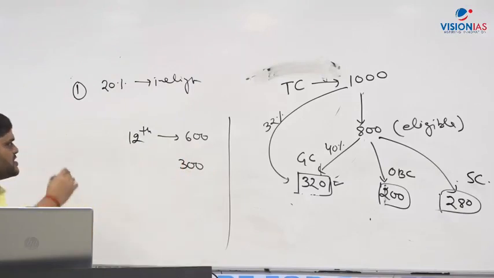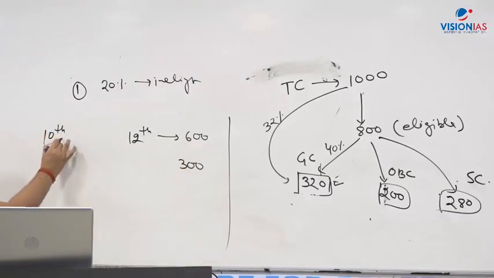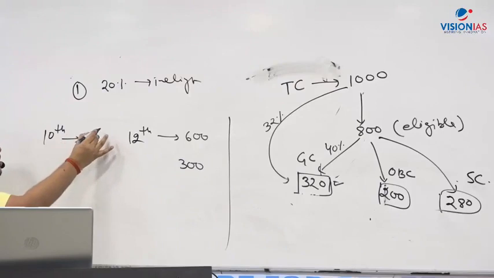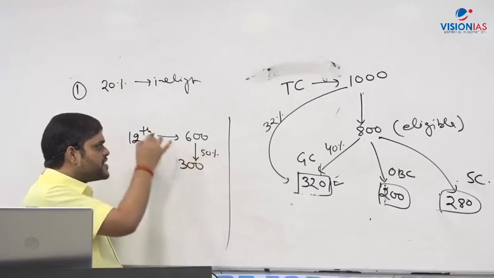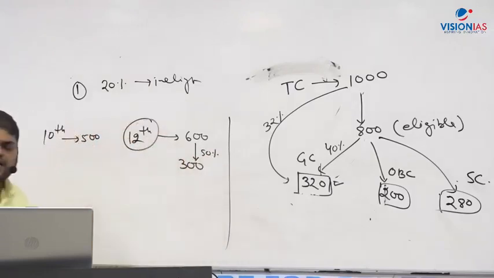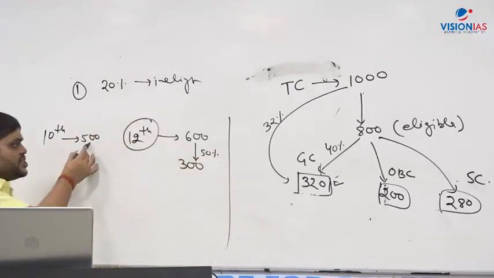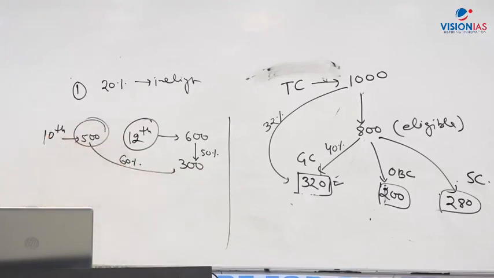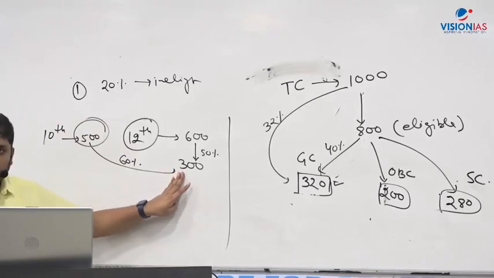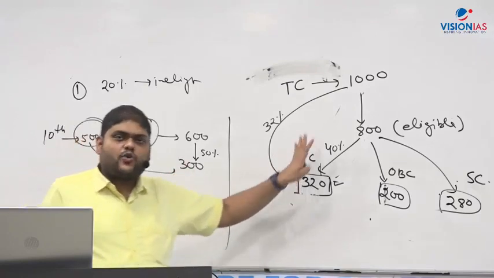And if I start comparing with respect to 10th marks, which was out of 500, what will I say? Here I will say you are getting 50% of total marks of class 12th. Or I can say you are getting 60% of total marks of class 10th. The marks are not going to change. Only the percentage is going to change.